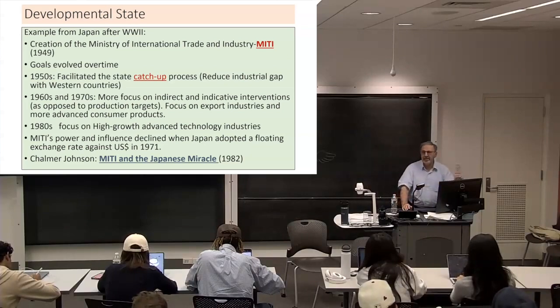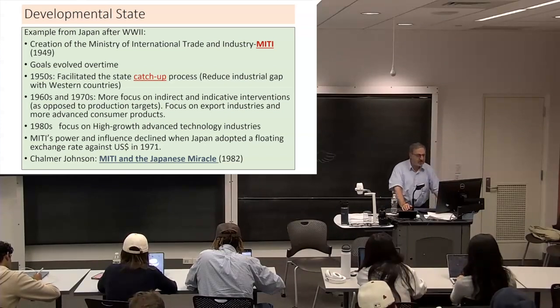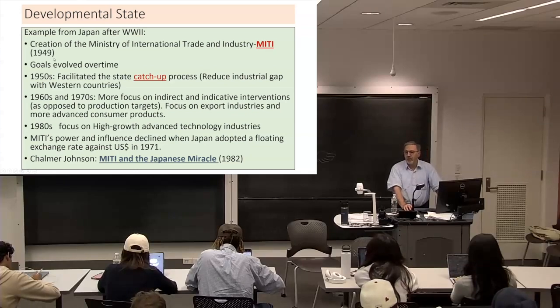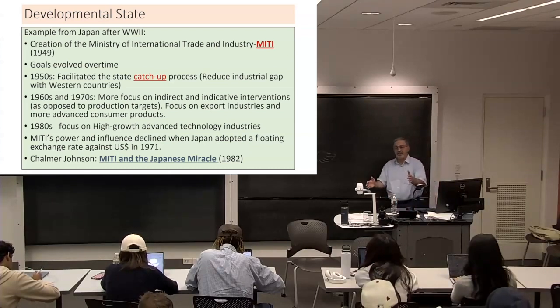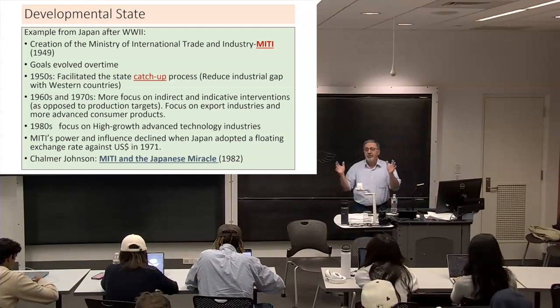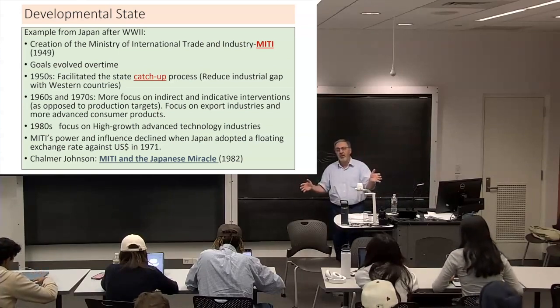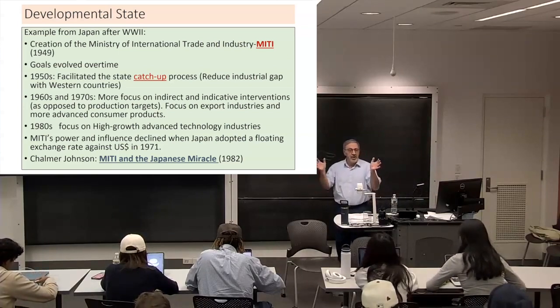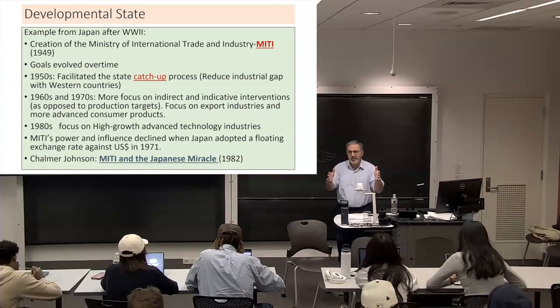And the institution that was in charge of managing the industrial process in Japan was the Ministry of International Trade and Industry, known as MITI, that was established immediately after the war, in 1949. So the primary goal initially was to direct the industries and create coordination among the private firms for specific industries.